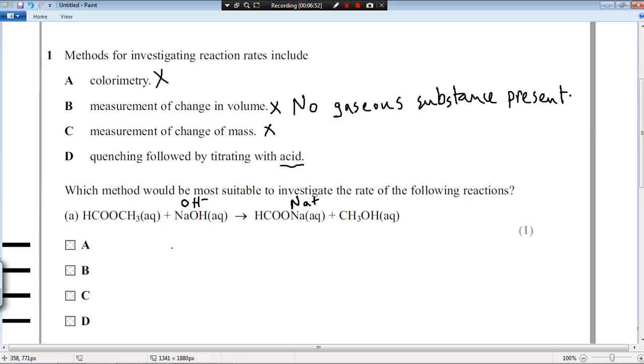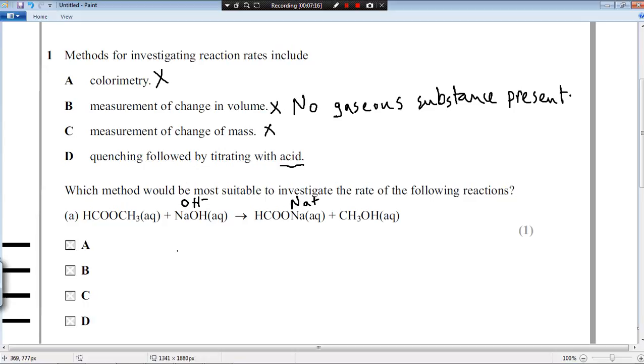As we can see, hydroxide is present, so we can titrate it against acid. We can quench this solution and titrate it with acid. Here hydroxide ion is present, so we can use this method.